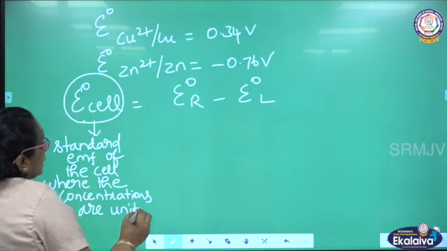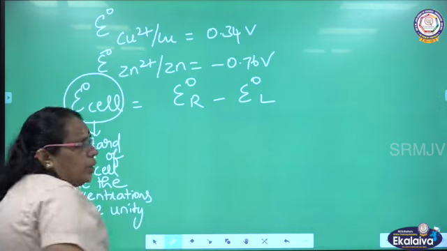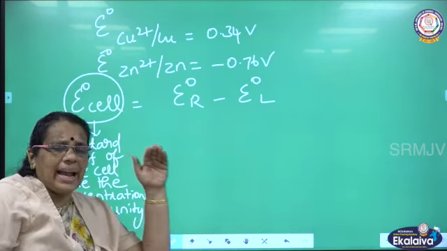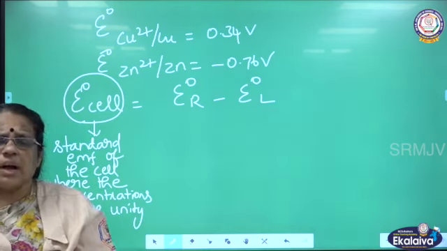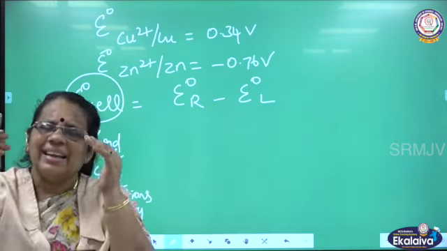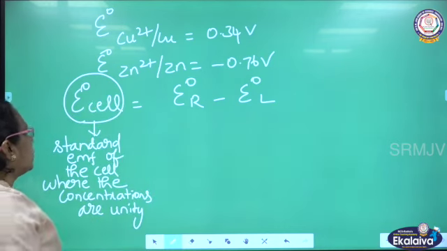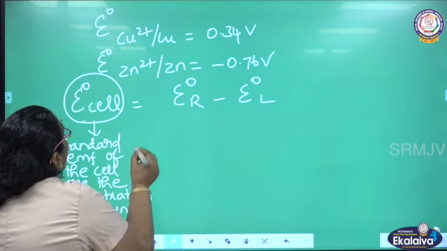What is E naught R minus E naught L? Let me substitute the values. This is the standard reduction potential of the right of the cell minus the standard reduction potential of the left of the cell. So we are going to substitute the values.